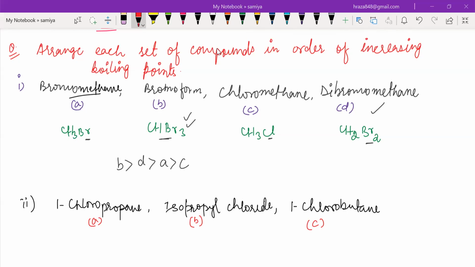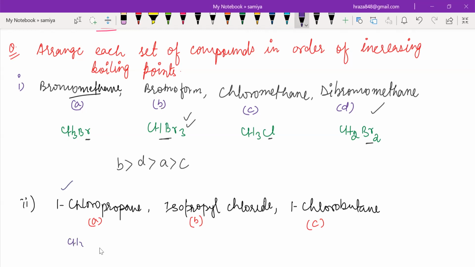Very good, Nadia. Any answer from Aman and Darshan? If you are unable to solve this, please let me know. Do you know what is the structure of this?